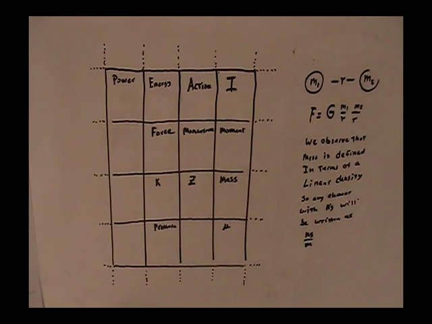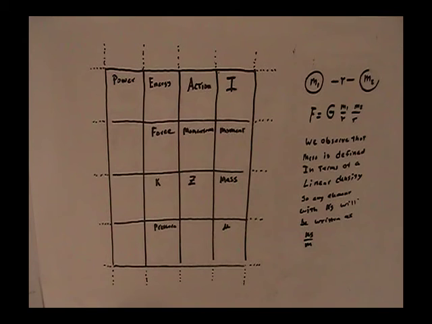Now let's put some of these down. Power was in terms of joules, and we wanted kilograms per meter, meters over seconds cubed, meters to the 0. Energy. So put in energy? Yep.